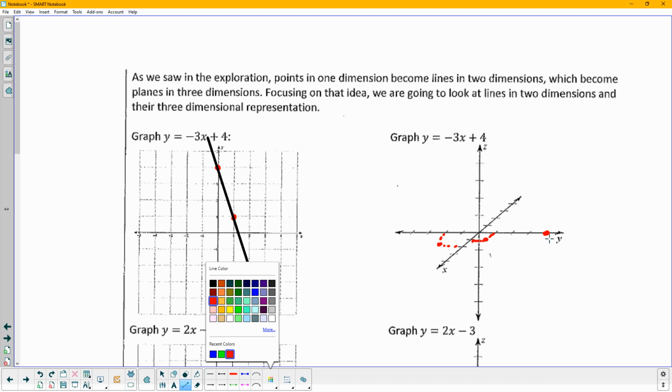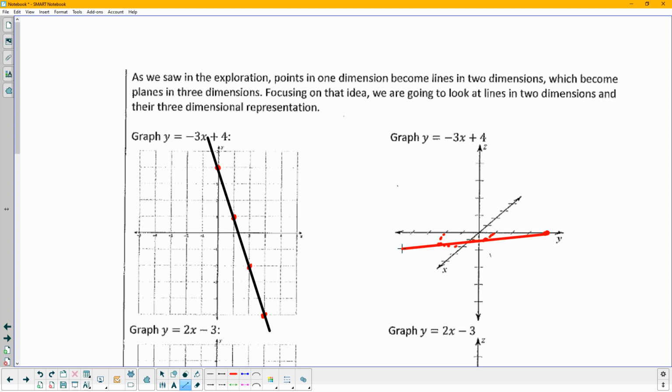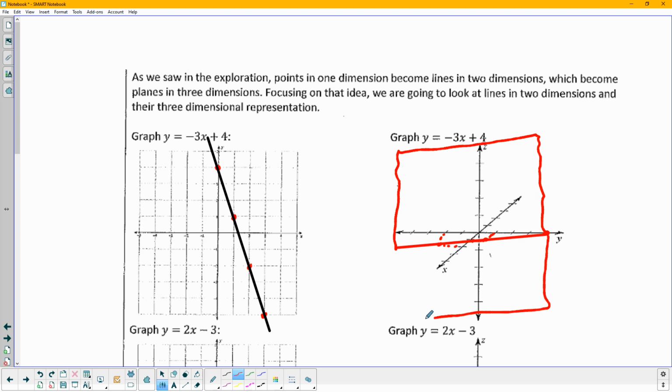Again, just going to use a straight line to kind of help us out. We have a two-dimensional line here, but we're trying to graph that in 3 dimensions. Since we didn't put any regulations on the z-coordinate, it could literally be anything. So we just have to extend this up, over, down, make ourselves a plane, try your best.